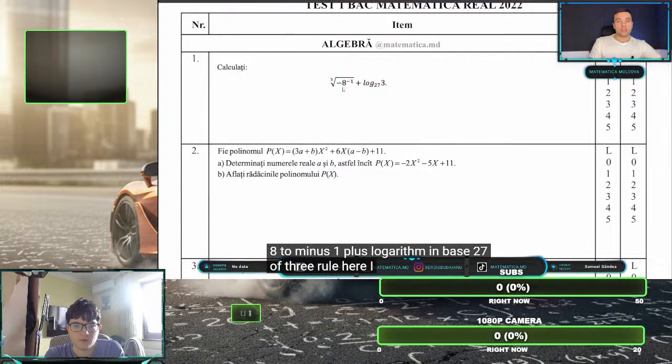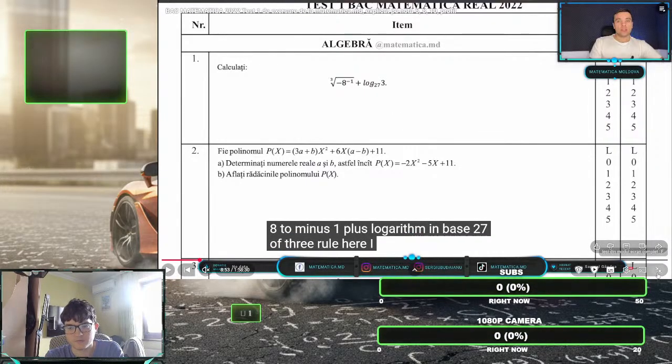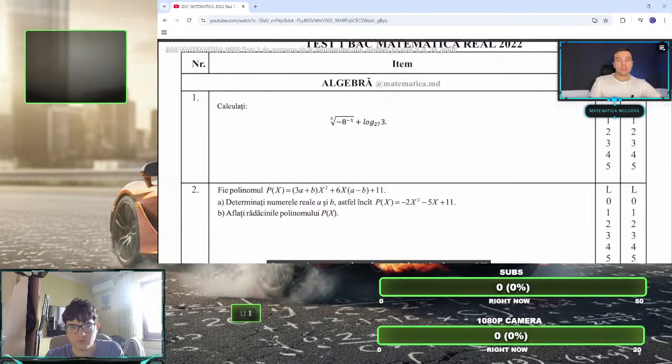Then you're gonna have log 3 to the power of 3, and the 3 on the right, and we're gonna cancel out. So I don't know what you'll get there on the right. Maybe just 3. So you'll have 1 divided by 8 plus 3, and then you do the fraction stuff. We'll see how correct that was.